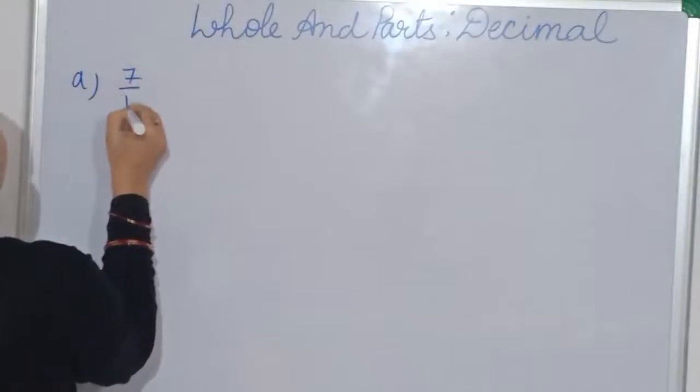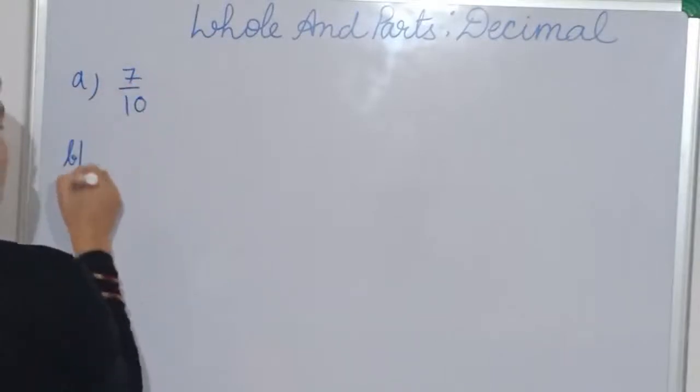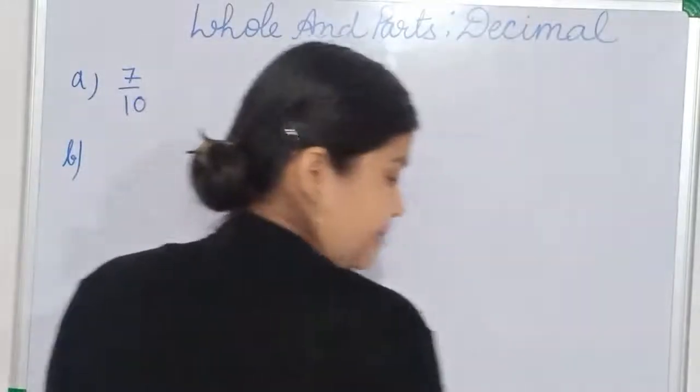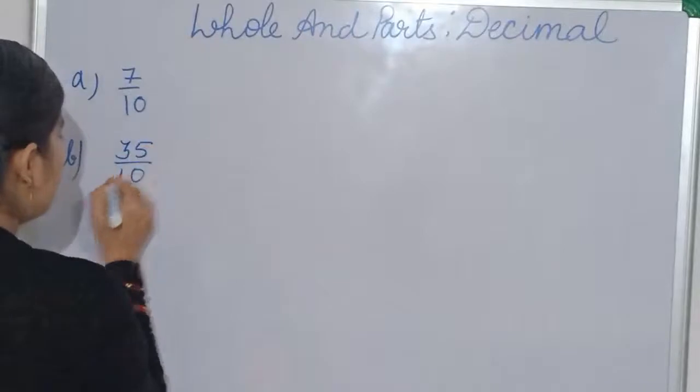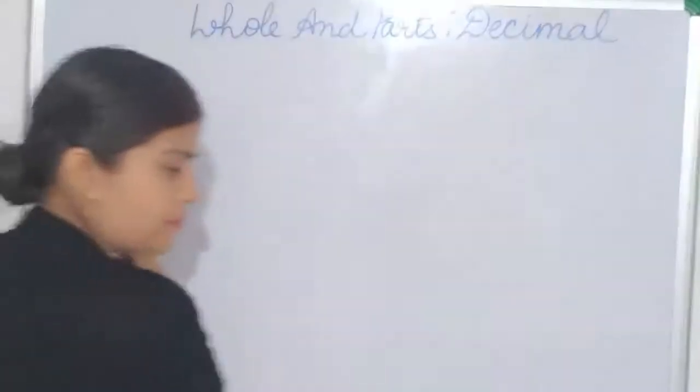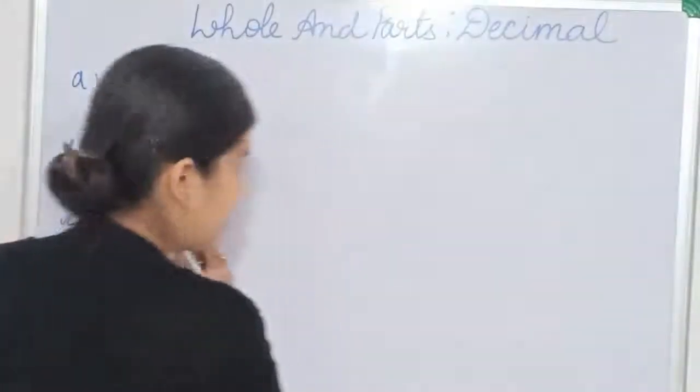7 by 10. B number is 35 by 10. 45 by 100.